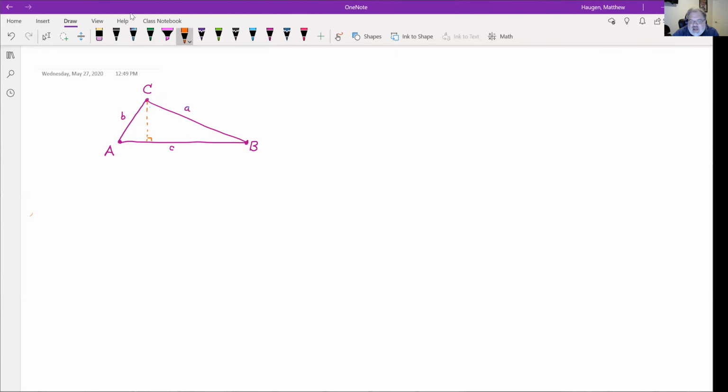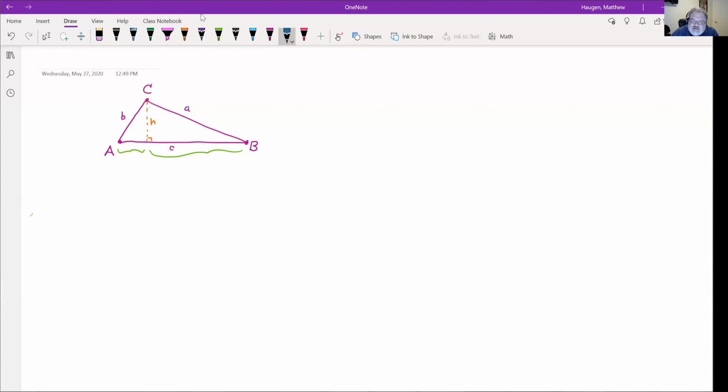Okay, I want to label that altitude h for height. It is often referred to as the height of a triangle. Okay, that breaks our diagram essentially into two smaller triangles, both of which are 90 degrees. So that allows us to use the tools that we've built. So if we want to consider this smaller triangle, which of our arguments can we make about this smaller triangle?